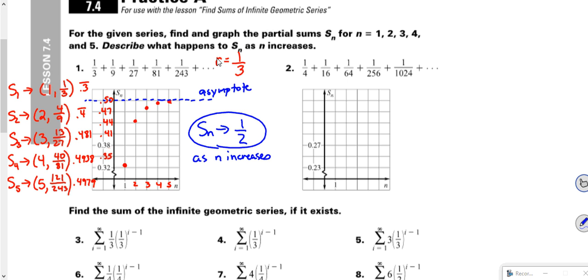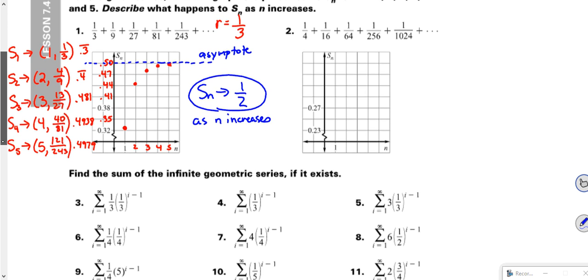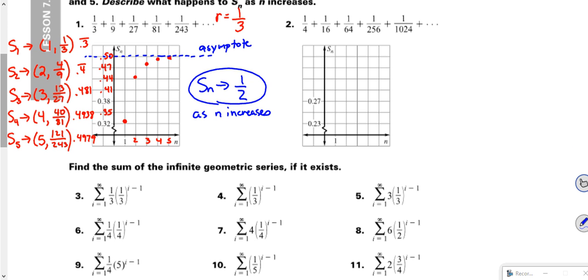Now let's test that. I love how they put these together. I'm going to test that because this right here is this same problem. The next section says find the sum of the infinite geometric series if it exists. This is our first term, A1. This is my R, 1/3.